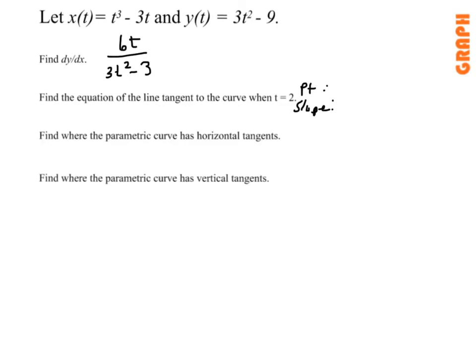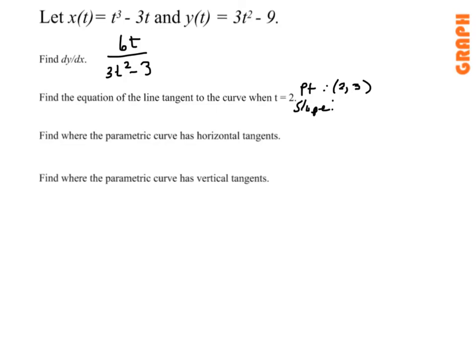We're going to start with the point. I'm going to plug 2 into x to get the x coordinate. So 2 cubed minus 3 times 2, that's 2. Plugging t equals 2 in here, 3 times 4 is 12, minus 9 is 3. And then to get the slope, I'll plug t equals 2 into the derivative. So 6 times 2 is 12.